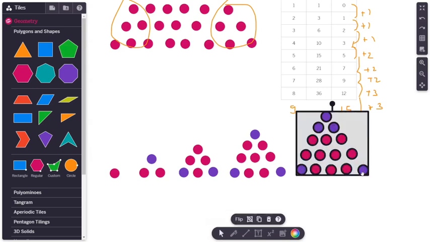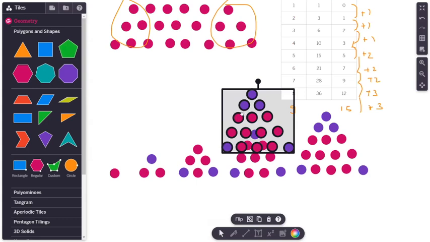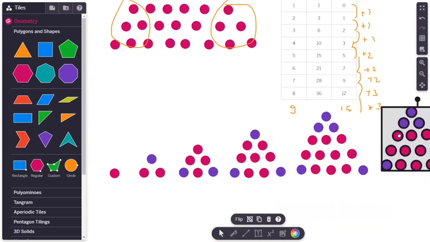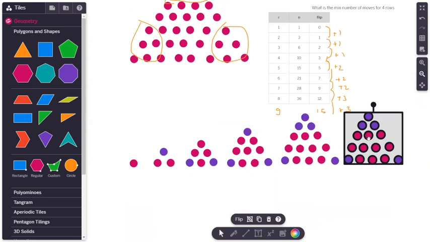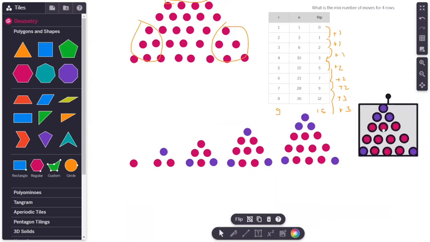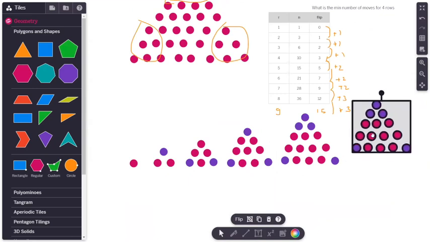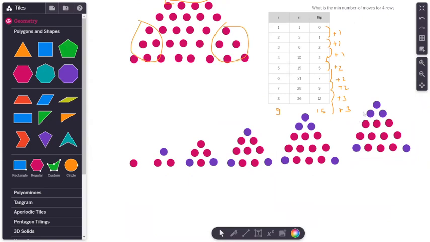The next one would be 2 3s at the bottom and 1 purple at the top. And then 3, 3, 3, 9. See, it was because it's a triangle. And then the next triangular number will be.